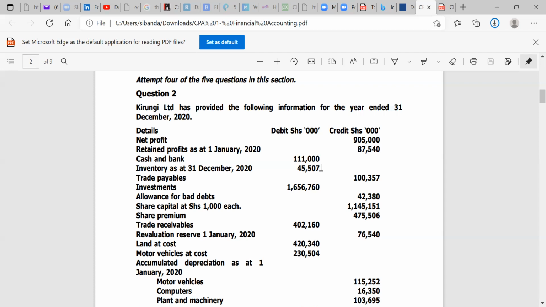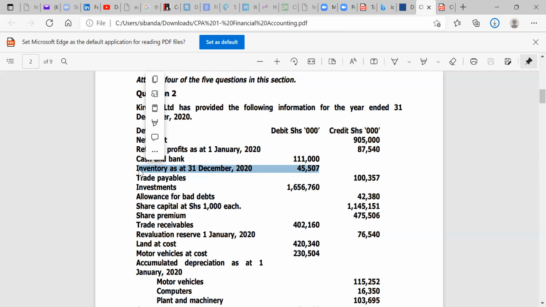So we also need to understand, where do we use closing inventory when we are preparing financial statements? Now you have to understand that inventory is an asset and it is a current asset. So when you are preparing your financial statements, inventory is recorded under your statement of financial position as a current asset. But also inventory is taken to the statement of comprehensive income and it is deducted when we are calculating our cost of sales.